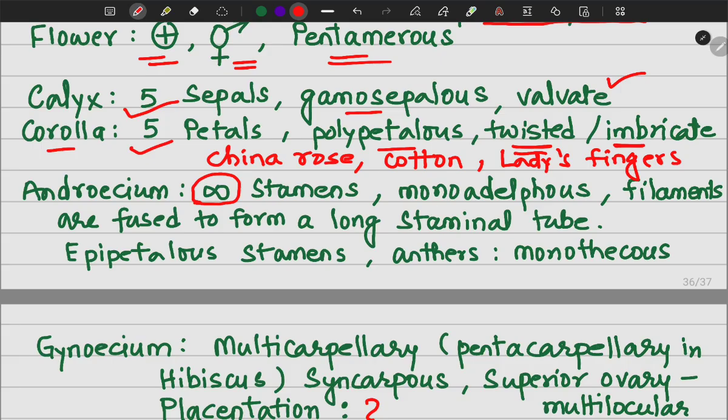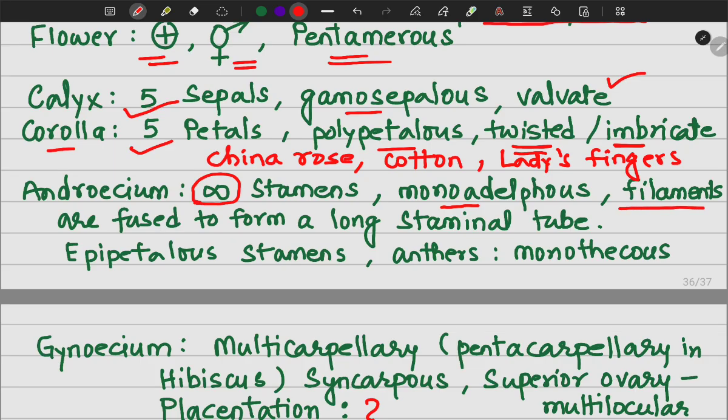The stamens will be monoadelphous, meaning they will be arranged in one bunch or a group of one. So if you remember when we studied about monoadelphous, diadelphous and polyadelphous stamens, in monoadelphous we studied the example of China rose, right? So the androecium or the stamens are monoadelphous.